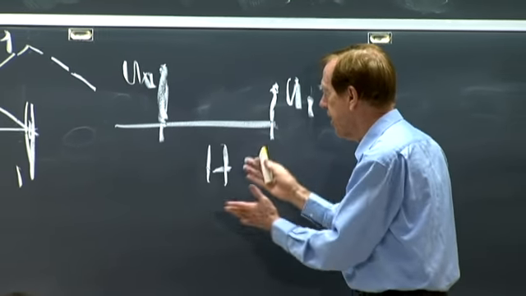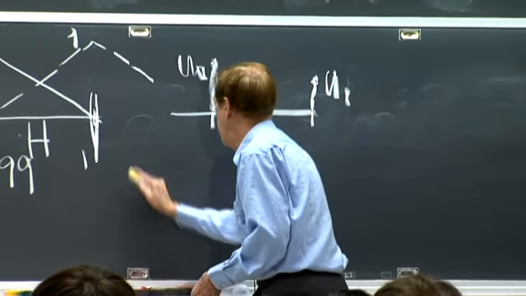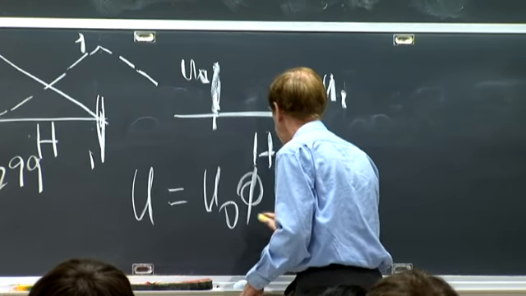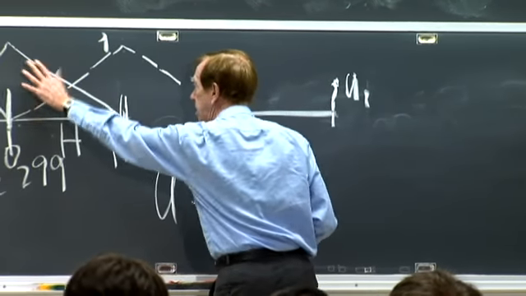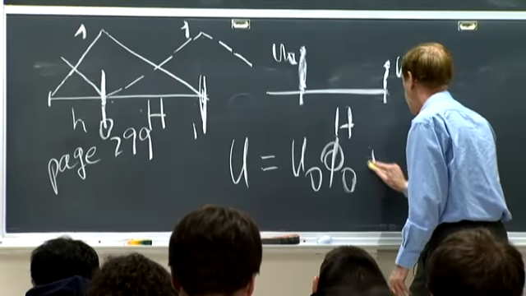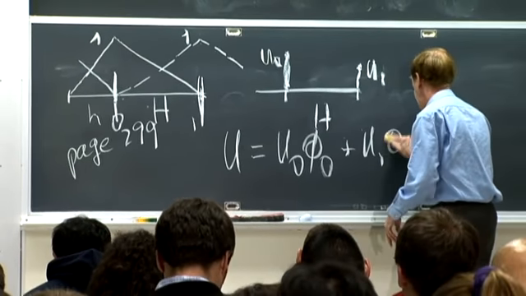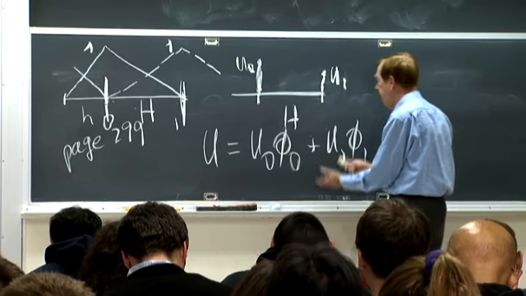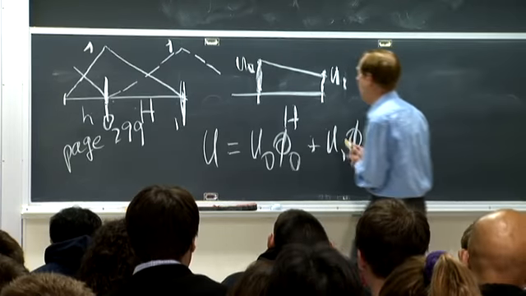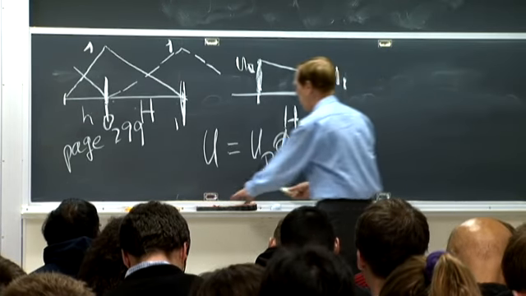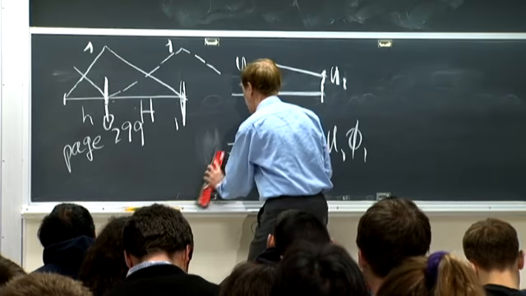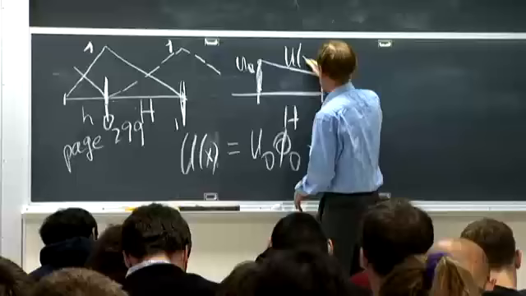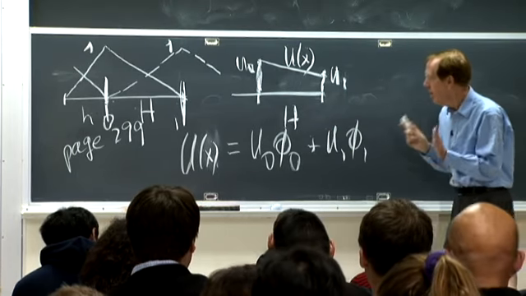But inside this interval, my u is u0 times that first hat function, the phi 0, the coming down hat, plus u1 times the phi 1 function, the going up hat. It's a linear function, so it's going to be there. That's my graph of this is u of x. U of x. Okay. Right?